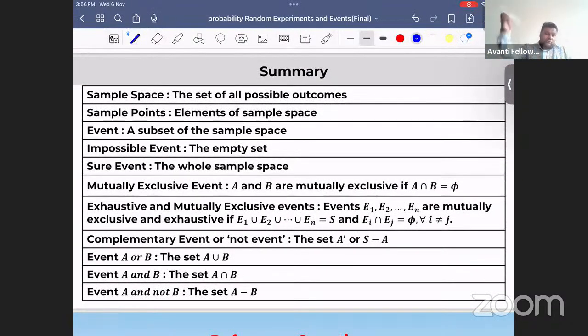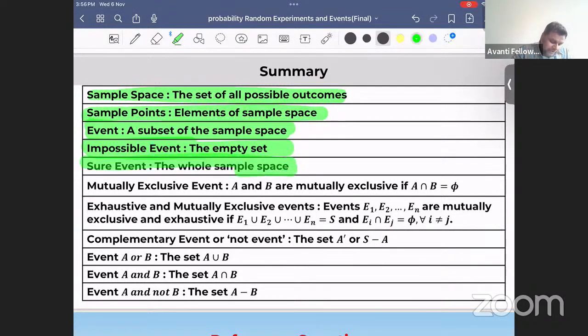Now let's go with a small summary finally. So what is the sample space? Set of all possible outcomes. Yes or no? Elements of the sample space are called sample points. Event: a subset of the sample space is called an event. Impossible event: the empty set, whose probability of occurrence is 0.